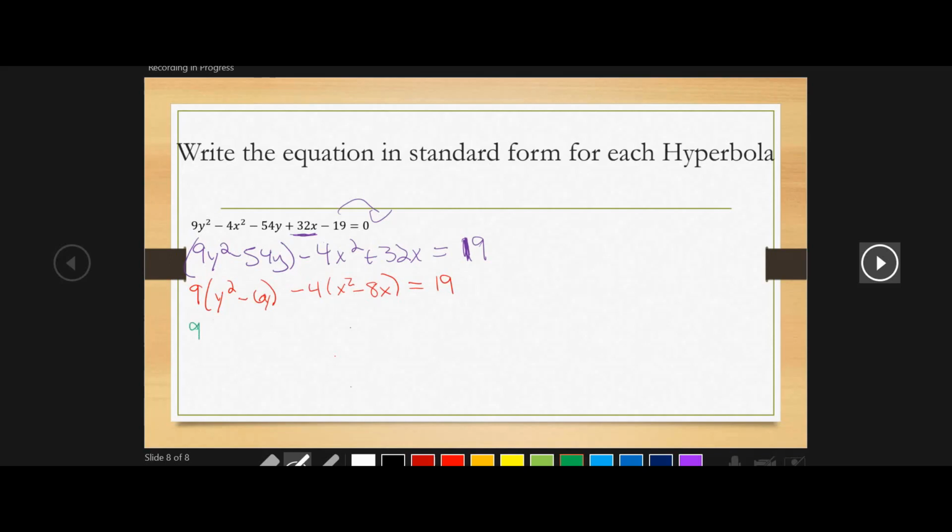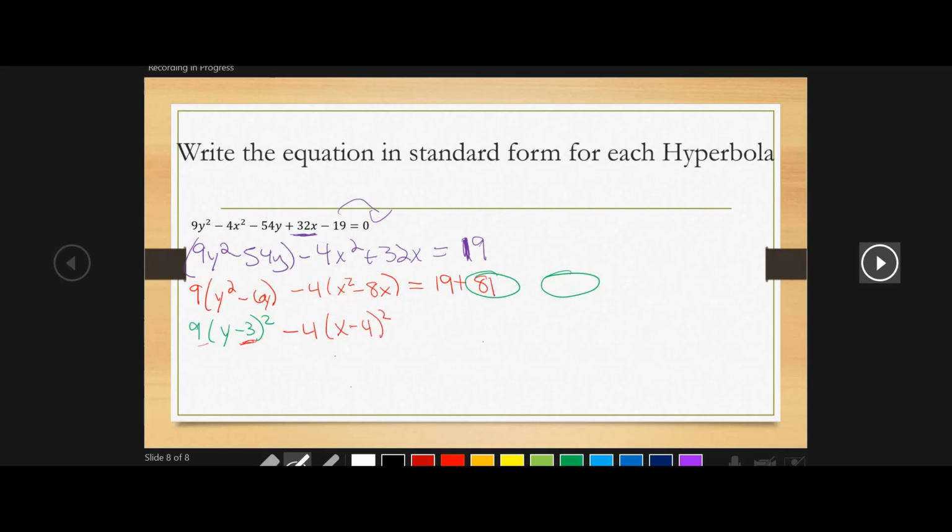So this will be 9 times y minus 3 squared. Again, over here, we're going to add the extras we need. So -3 squared would have been 9, but again, we're multiplying that by 9. So it's really going to be 81 that I'm adding over here. And then minus 4 times x minus 4 squared.